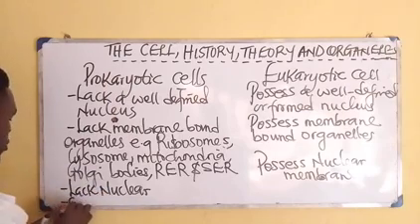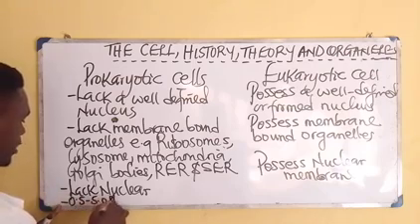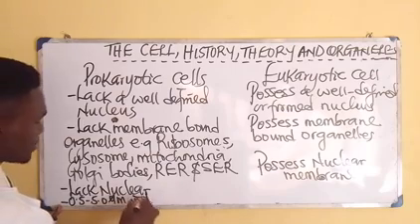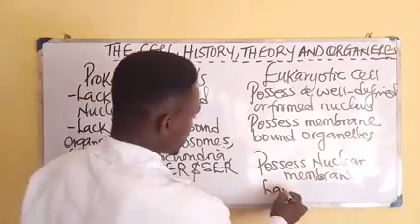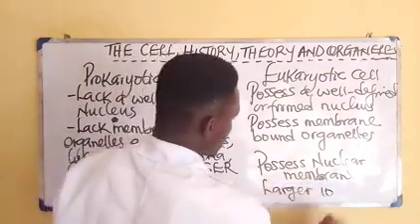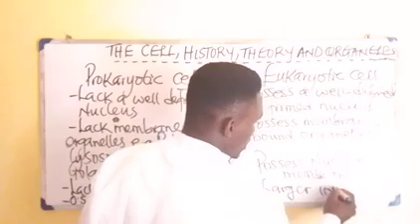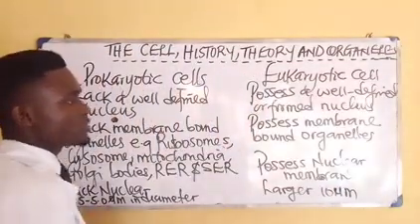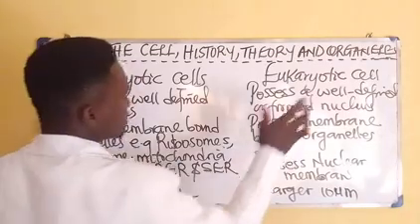They range from 0.5 to 5.0 micrometers in diameter, but eukaryotic cells are larger, as large as 10 micrometers. So eukaryotic cells are bigger than prokaryotic cells.